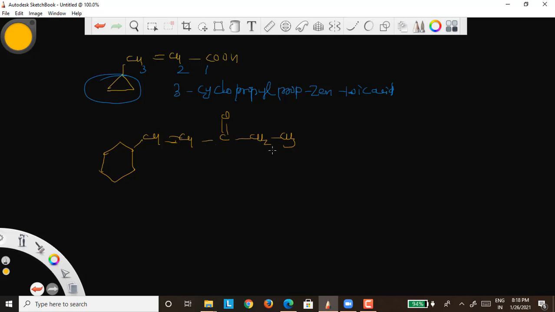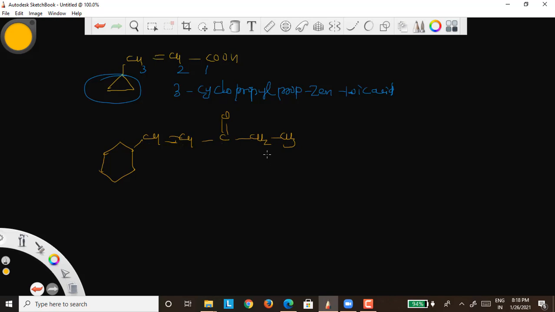So we can number 1, 2, 3, 4, 5. But here an alkene is there. So 1, 2, 3, 4, 5. Okay. Suppose we are taking the order of priority of ketone and alkene. The order of priority of ketone will be more than alkene.